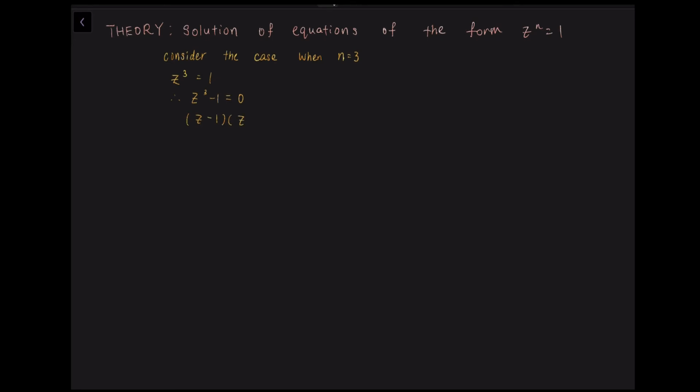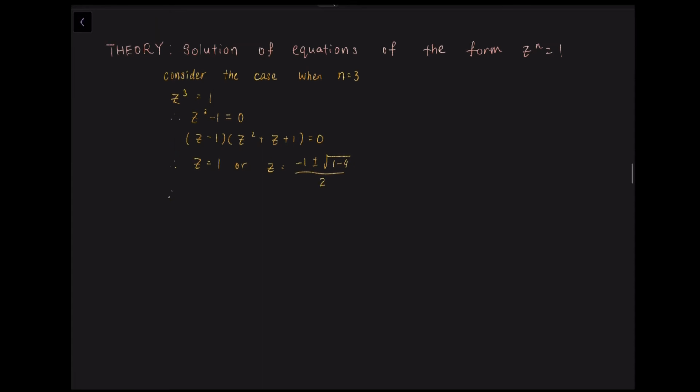And then we factorize it. So we have z minus 1 times z squared plus z plus 1 equals 0. And finding the roots, we have z equals 1, and for the other one we use the quadratic formula to solve, and we obtain a complex expression for the other two roots, which are themselves a pair of conjugates.